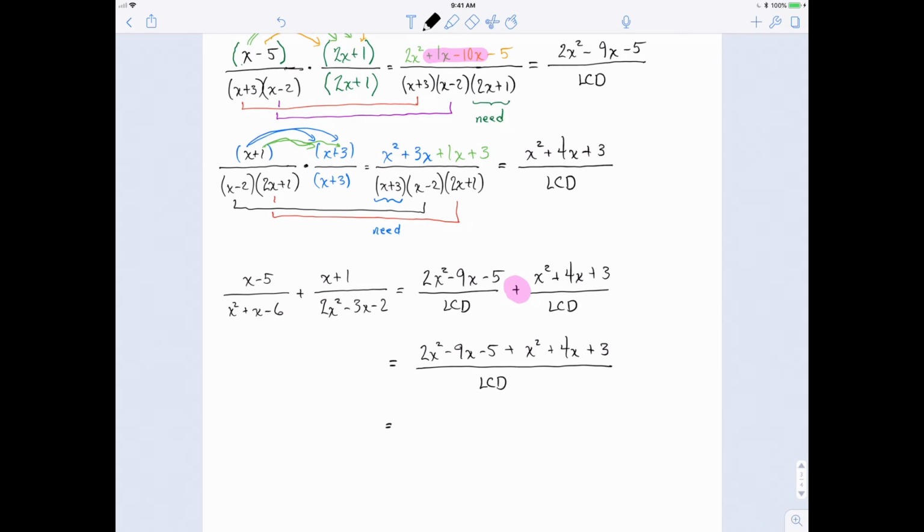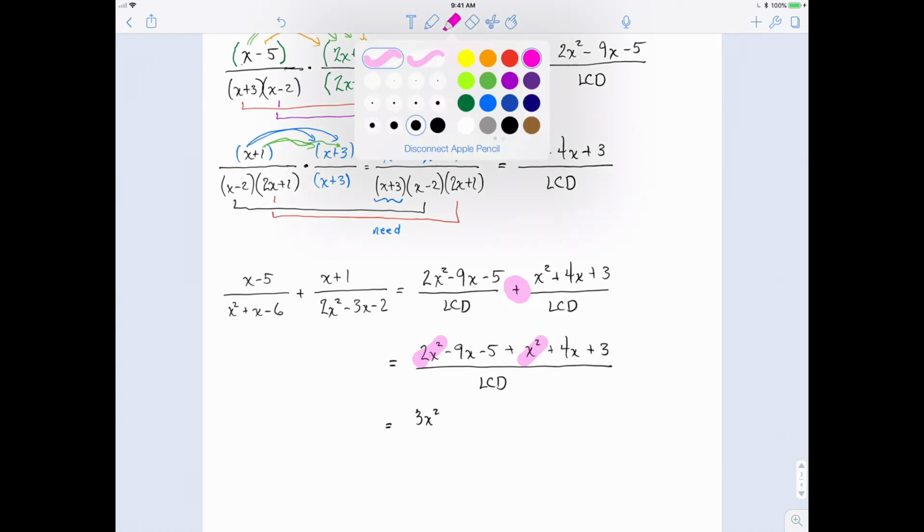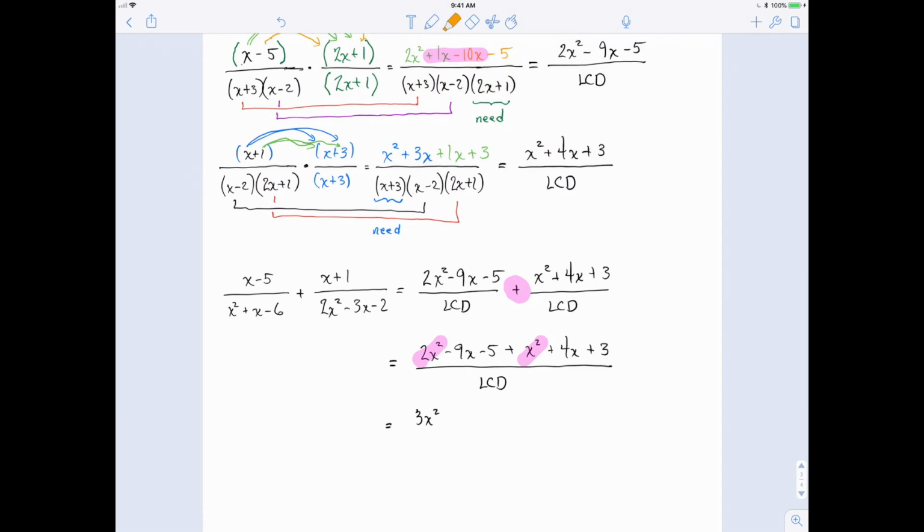And now let's see what like terms. Here's a 2x squared and an x squared. So I can write that as 3x squared. And then, let's see what else I've got here. Here's a minus 9x plus 4x.